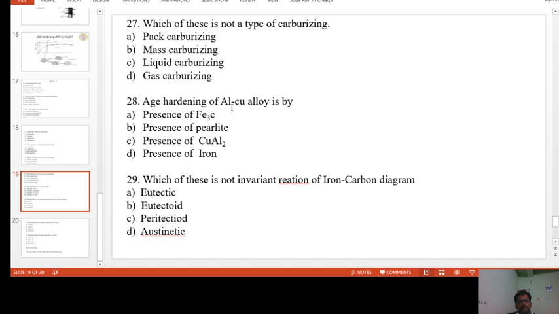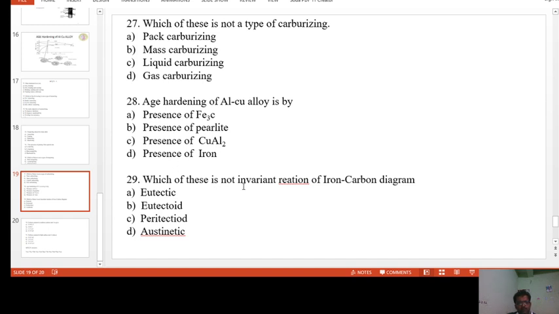Age hardening of aluminium copper alloy is by presence of iron carbide, presence of pearlite, presence of CuAl2, and presence of iron. So the answer is presence of CuAl2.